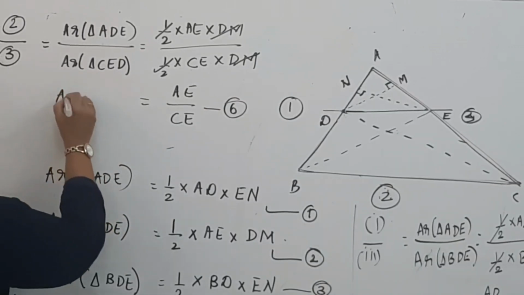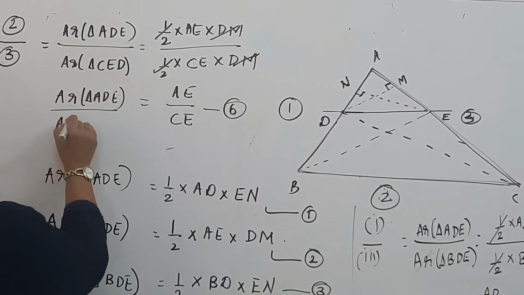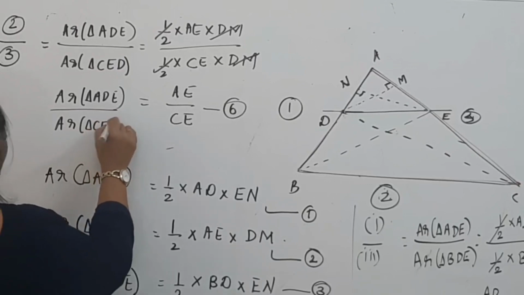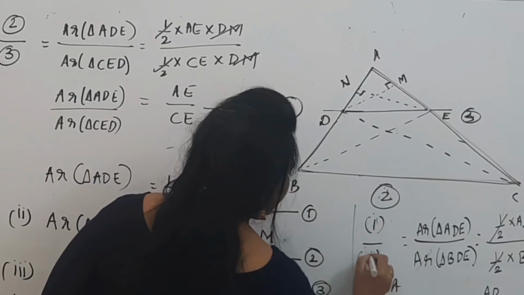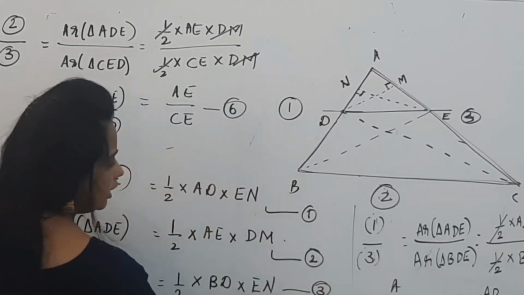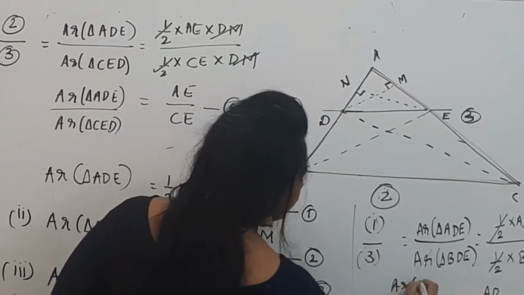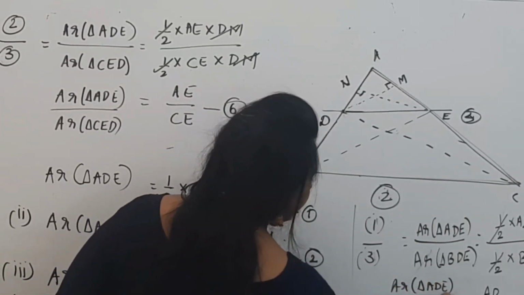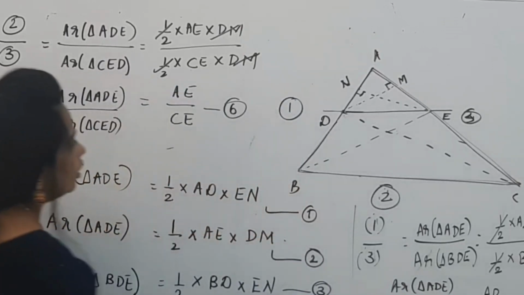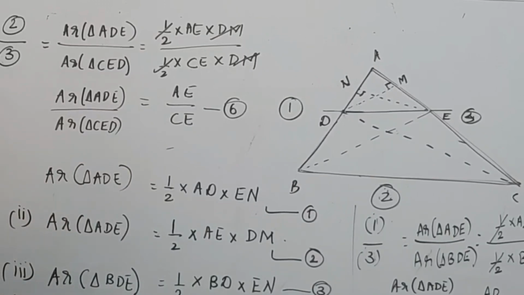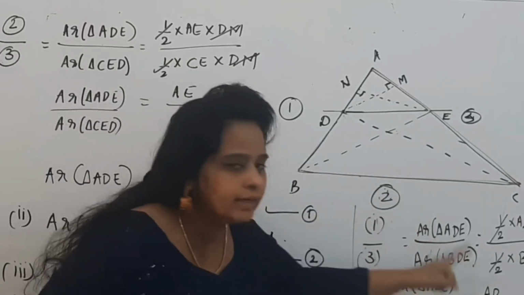This is area of triangle ADE divided by area of triangle CED. And this is area of triangle ADE divided by area of triangle BDE, 1 and 3. I write them not in Roman numerals because you have given the numbers 1, 2, 3. My aim, as a math student, is to prove these two sides are equal.